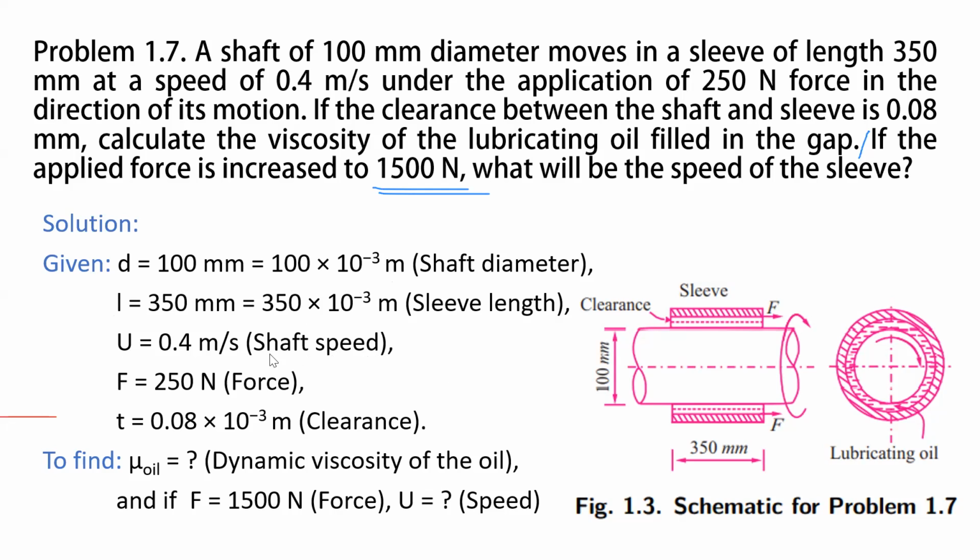They have given this in the problem, that I have taken as capital U. Force 250 Newton, that also they have given in appropriate SI units. Clearance I will take as small d, 0.08 millimeter they have given, so 0.08 into 10 to the power of -3 meter, clearance I have converted. What to find out? Viscosity of the oil, mu oil, I need to find out.